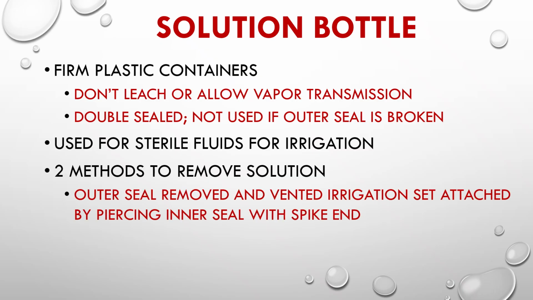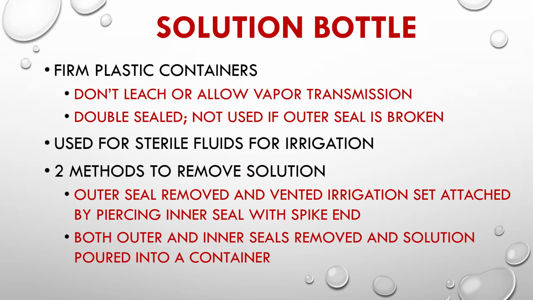Now there are two different ways to get the solution out. So the outer seal is removed and vented. That vented irrigation set's attached by piercing the seal with the spike end. And then both the outer and inner seals are removed and the solution is then poured into the container. So again, we can either attach it using that spike end, or we can just pour the contents out.